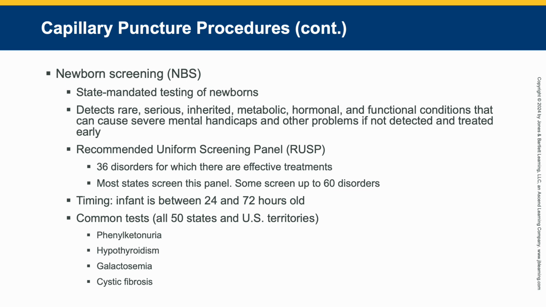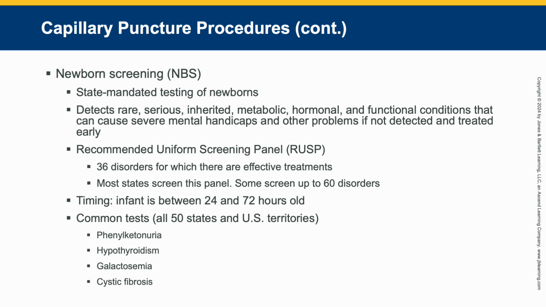On this, there is a recommended uniform panel, and it's called an RUSP. What this does is detect 36 disorders which have effective treatments. Most states screen this particular panel, but some states can screen up to 60 disorders instead of 36.